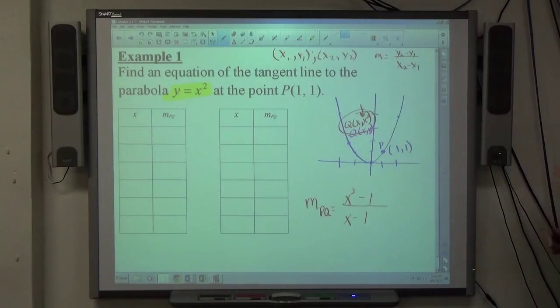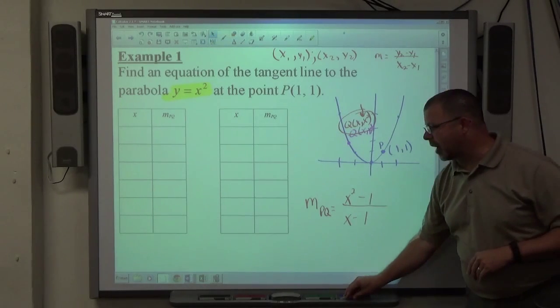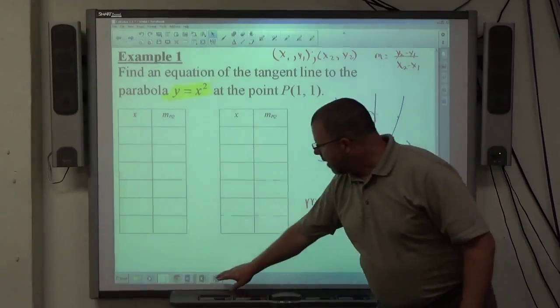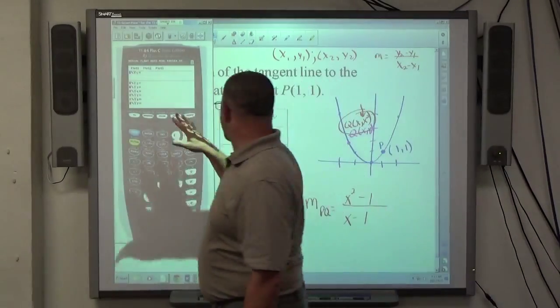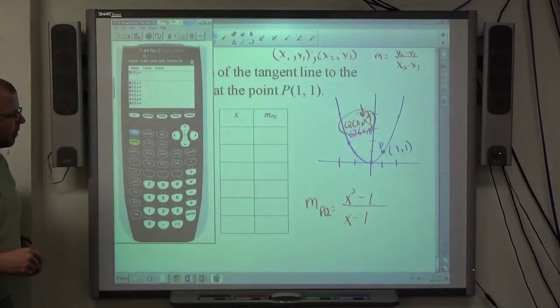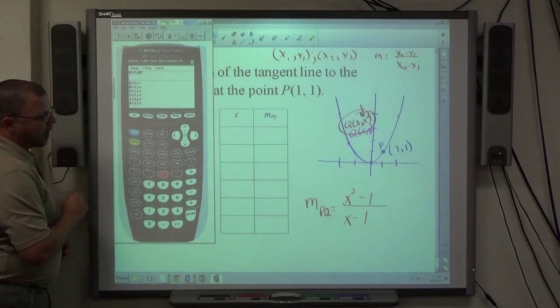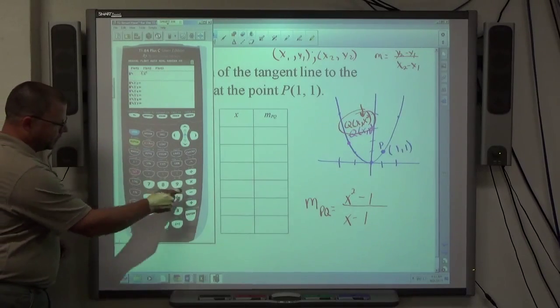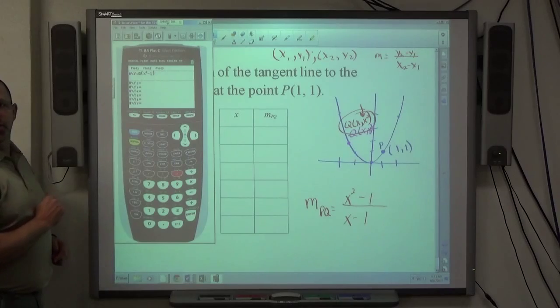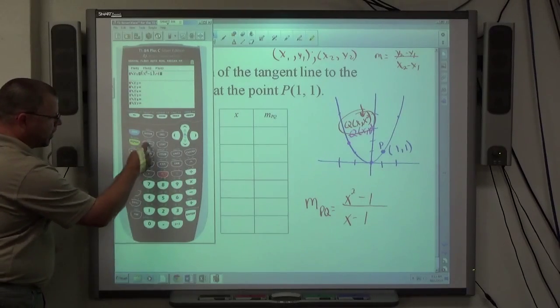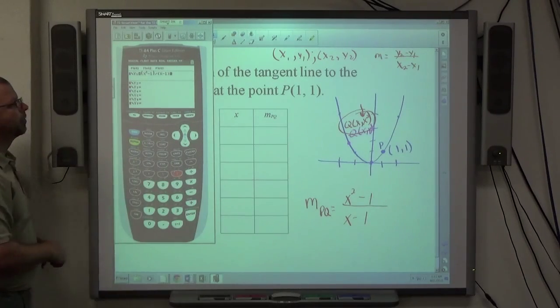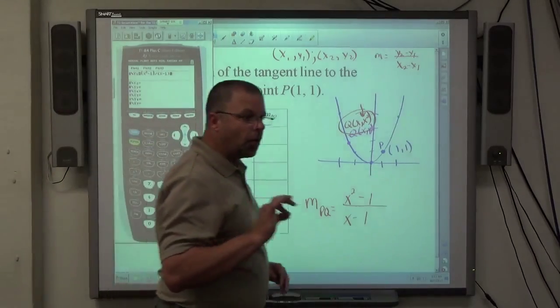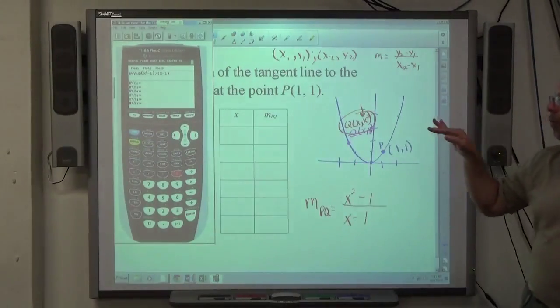All right? Once we create the slope formula, now we're going to use our calculator. I'm going to type in my slope formula in my calculator. So x squared minus 1 in parentheses divided by x minus 1 also in parentheses. Now notice my calculator says right there y1 equals.